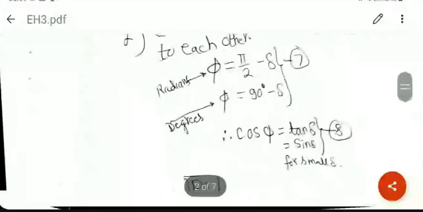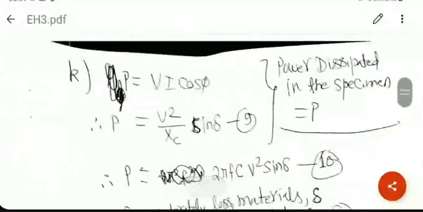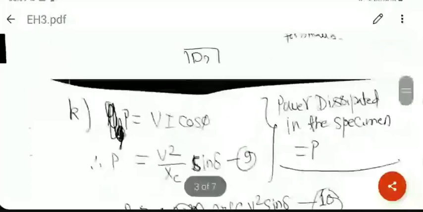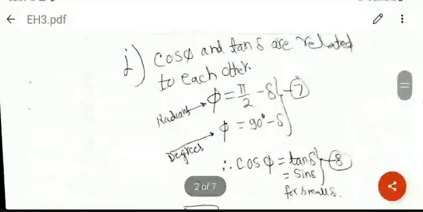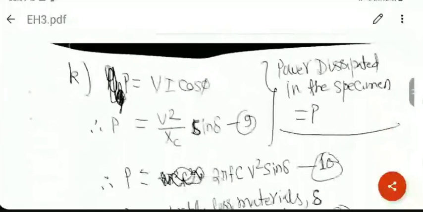These values are given to us for a given material. And P is obviously V I cos phi, and I is V divided by XC, and cos phi is approximately sin delta. So putting all that together, I get this equation for power dissipated in this specimen.